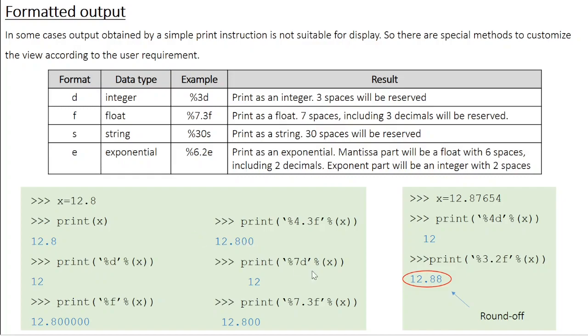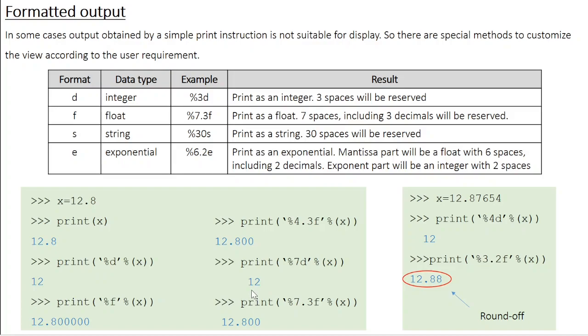Now if I say print %7d % x, let's try to understand the meaning of 7. As I said, 7 indicates the number of spaces. To be precise, it indicates the position of the last digit of your answer. So here when I say %7d, it means that the last digit of 12 should be at the 7th place from the leftmost end.